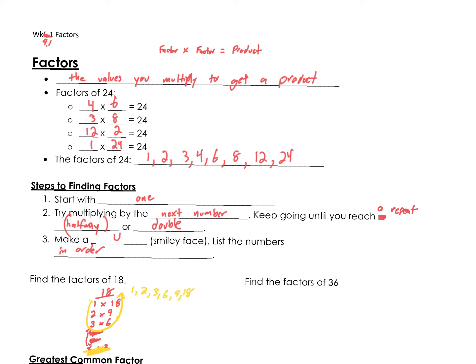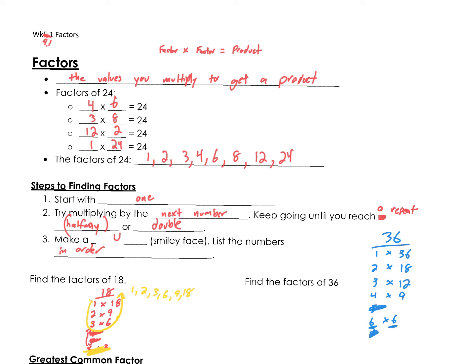All right, let's do that with 36 over here. We start with 1, and we keep going with numbers until we get a repeat or a double. 2 times 18, 3 times 12, you know your dozens, 4 times 9, 5 times nothing, 6 times 6, ooh look, that's a double, so we're done.